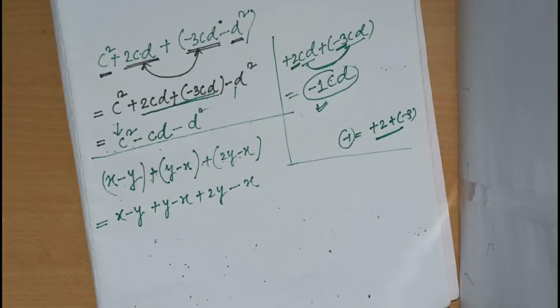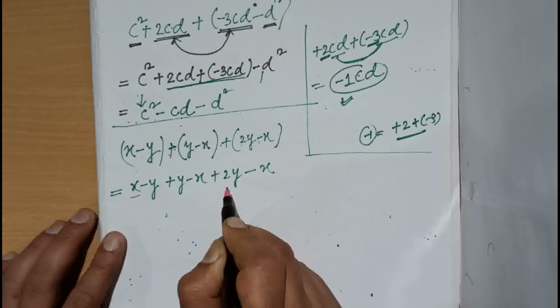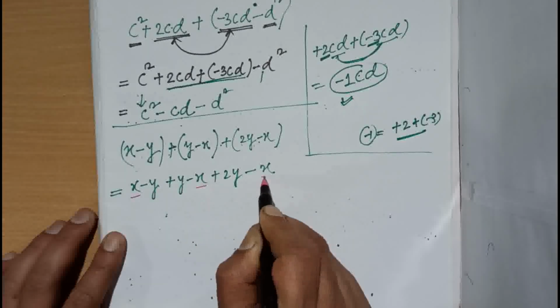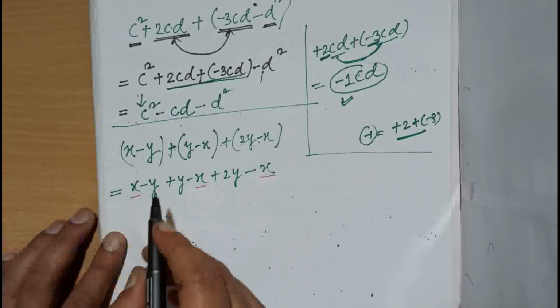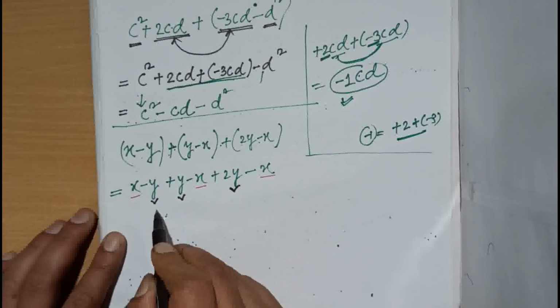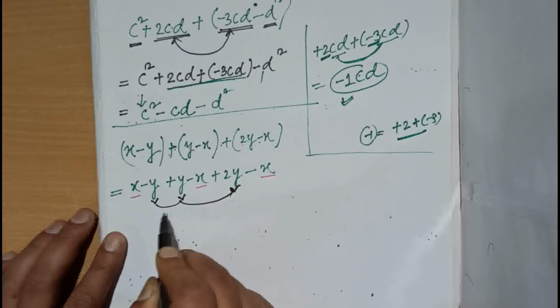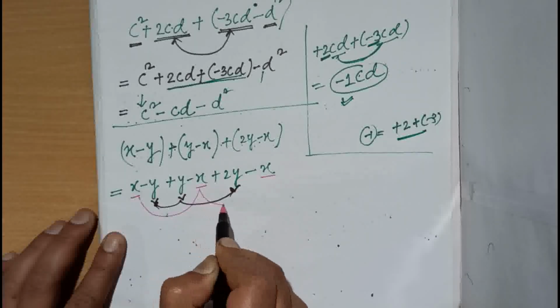Now here we'll find the like terms. So which terms are going to be like now? Here the like terms are this one, this one, this one. They are like, as well as they are also like. So these three terms are like, and these three terms are like.